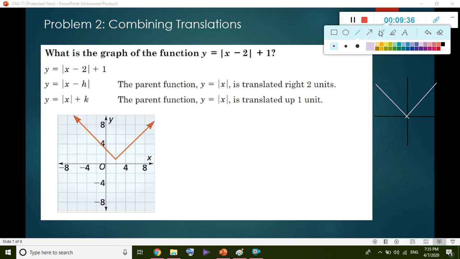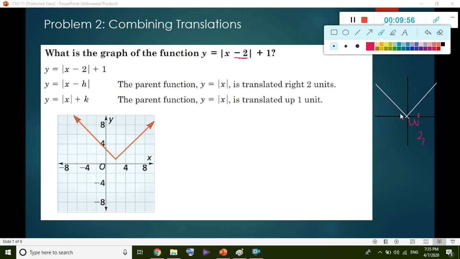They said negative 2 inside, so it's a horizontal translation. Negative 2 means 2 units to the right. So we move 1, 2, and reach here when x equals 2.